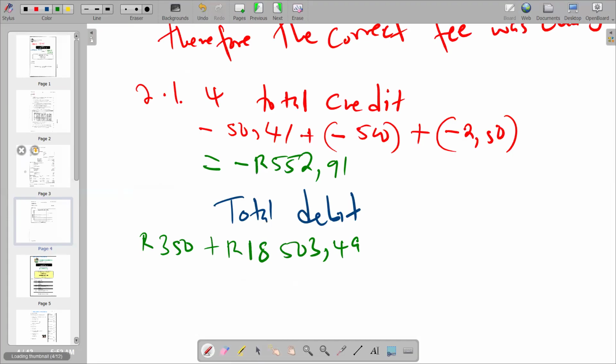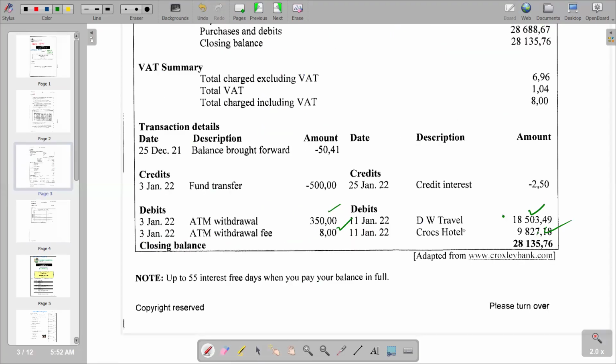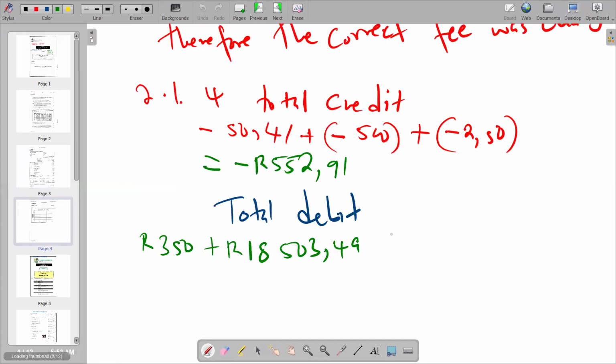If you refer back, you see that this is the figure that we are having here. And then we can pick again 9,827 rands 18 cents. So here we are saying plus 9,827.18, and we also add our 8 rand.